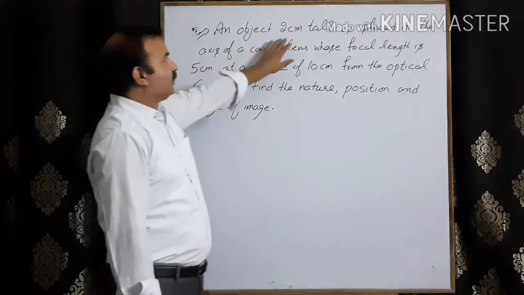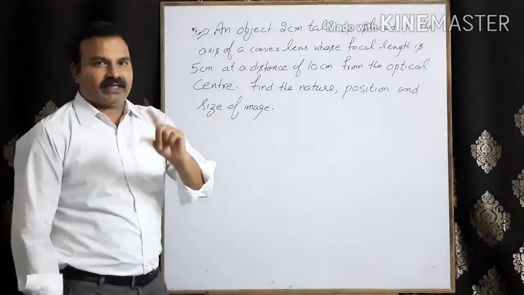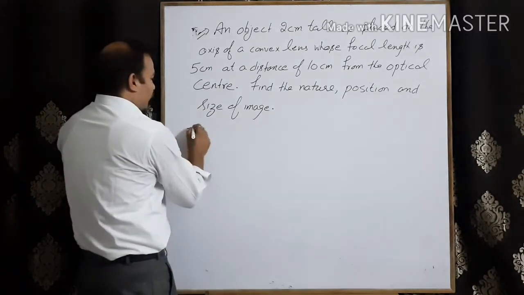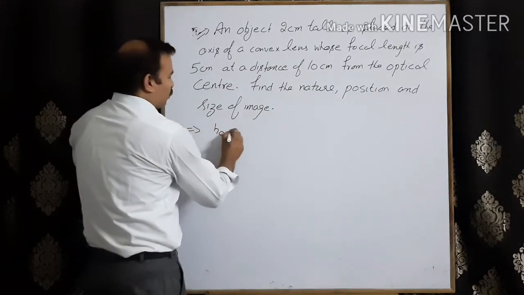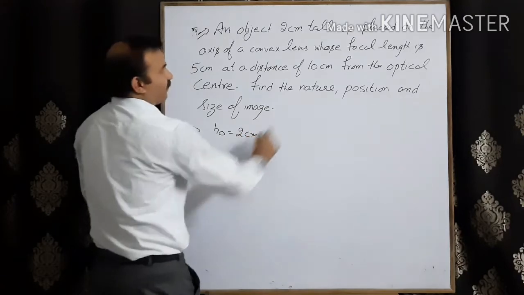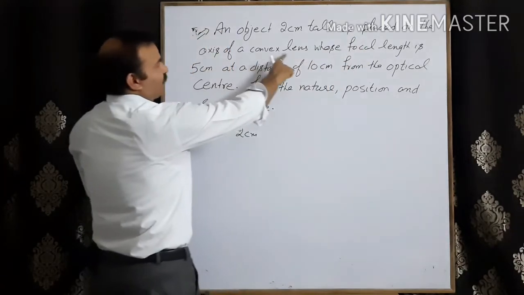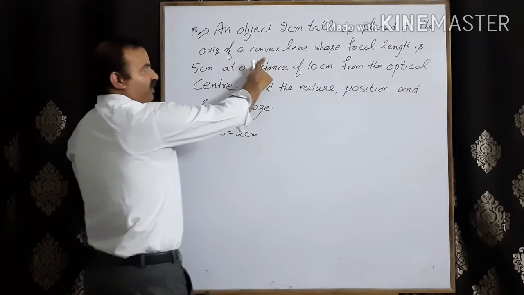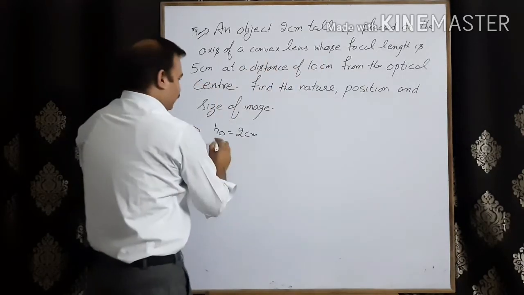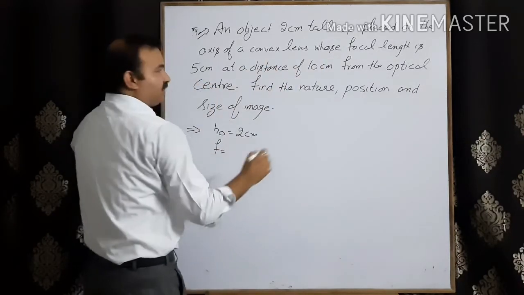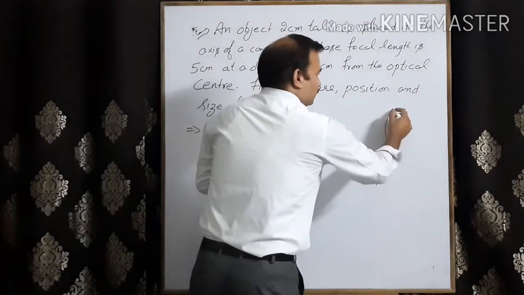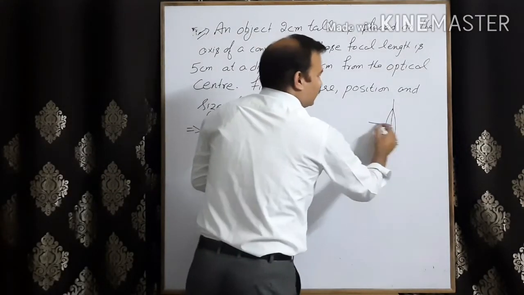Now this is a numerical for the lens. The question says an object 2 cm tall, which means the height of the object, ho, is 2 centimeter, is placed on the axis of a convex lens whose focal length is 5. Draw the Cartesian system.